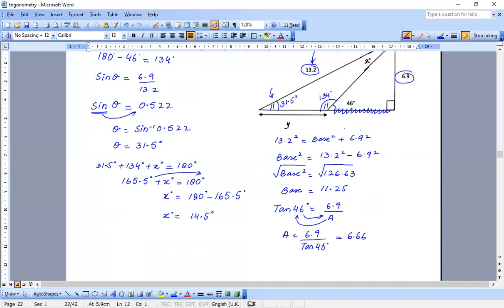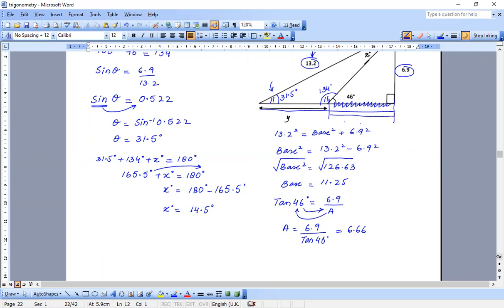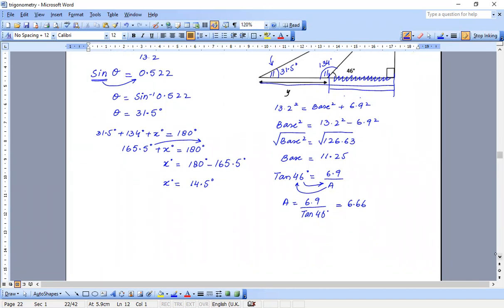So the entire length from this point to that point is 11.25, and this length over here is only 6.66. In order to find out the value of y, I'll subtract 6.66 from 11.25. So I'll write 11.25 minus 6.66, and then I subtract these two.